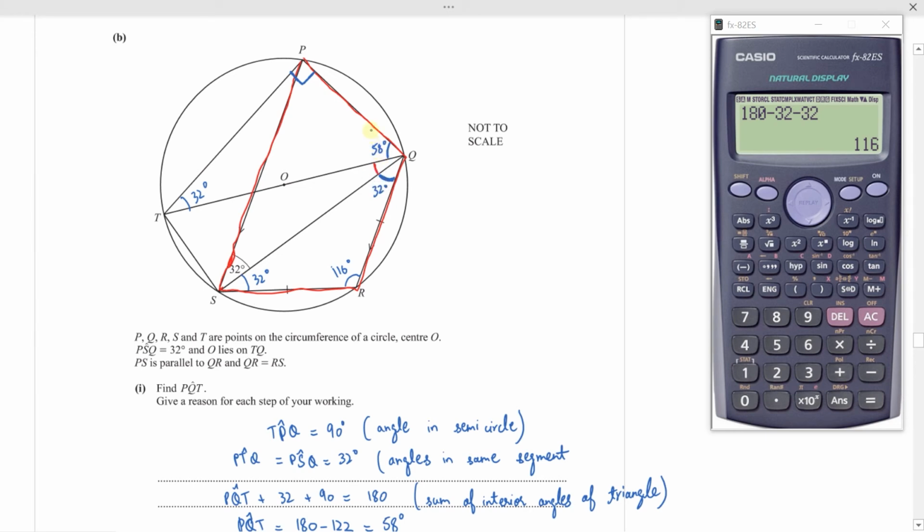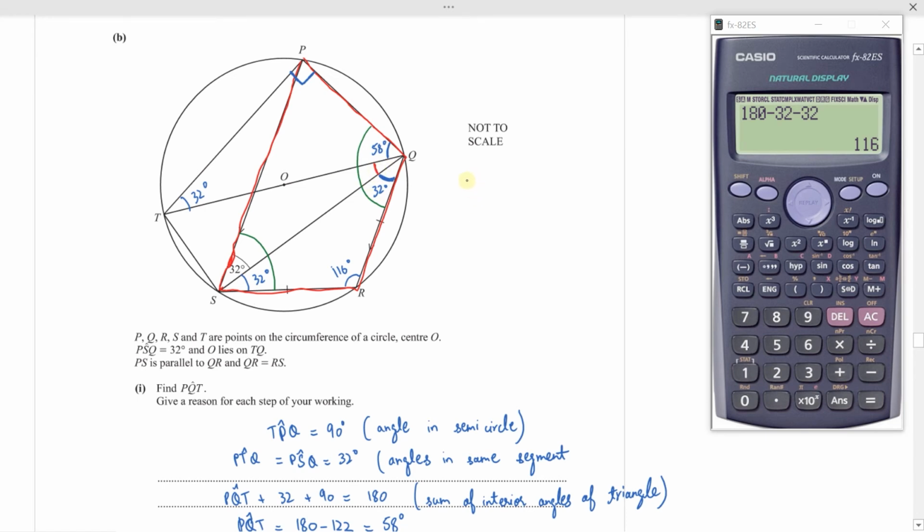So now if I consider this full angle and this full angle, these are opposite angles in a cyclic quadrilateral. This full green angle is 32 plus 32, and this other full green angle is 58 plus TQS, this middle one, plus 32. So the only unknown is TQS, and we can easily calculate this.